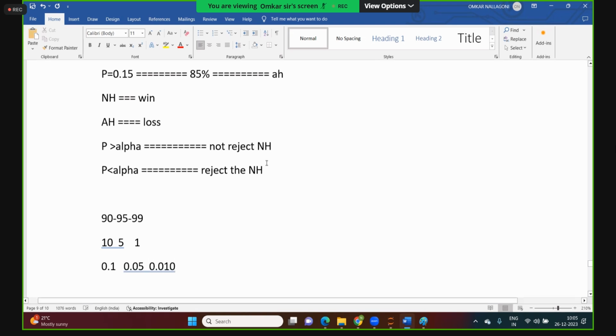This will come. 90, 95, 99 are the fixed values. Now, after calculating the Z test, you will get P values. That P value you compare with one of these values, right? Then you can know reject or not reject.